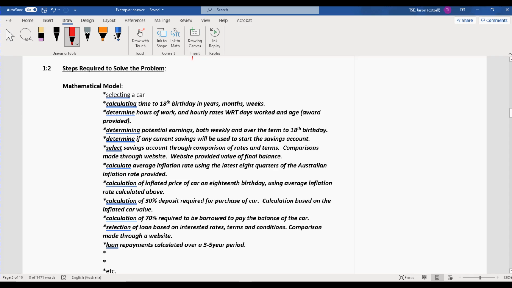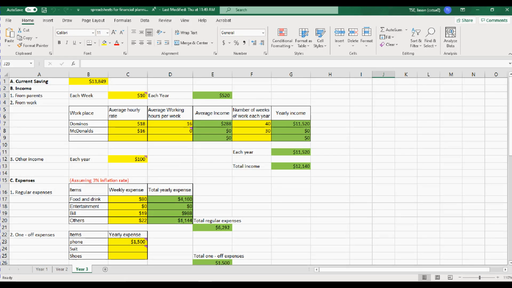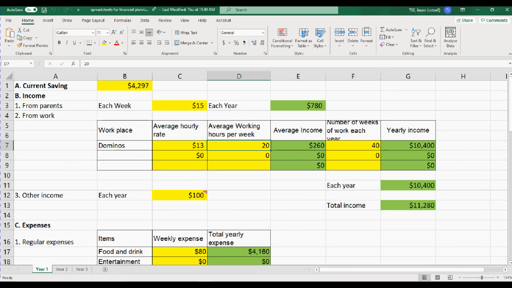The suggestion in this booklet is selecting a car at first, but that's not really what we do in the first step, right? So that's not our first. Let's try to get what's the first thing we did for the financial planning.